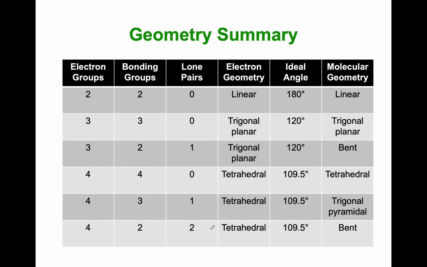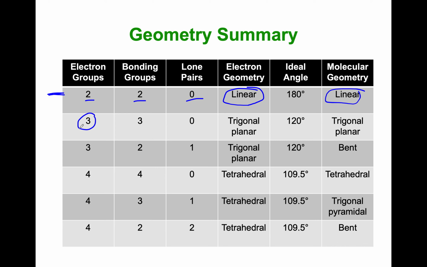So the shapes that we're learning, if you take a look here, we saw 2 electron groups, so that was linear, and they're going to have bonds, they're going to not have any lone pairs. That's the linear molecular geometry, linear electron geometry. Okay, we didn't look at this one, but the 3 electron group also can have lone pairs.